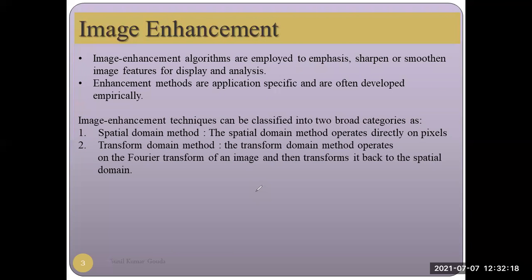Image enhancement can be broadly classified into two different domains. The first one is the spatial domain. That means whatever enhancement technique you perform, you perform it in the spatial domain, that is the coordinate domain, the actual digital representation of the image. The second type of enhancement can be performed in the frequency domain.